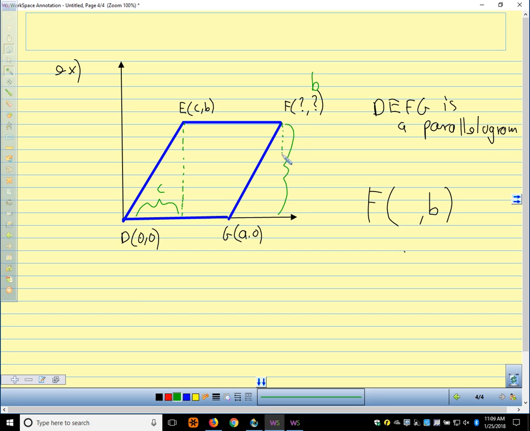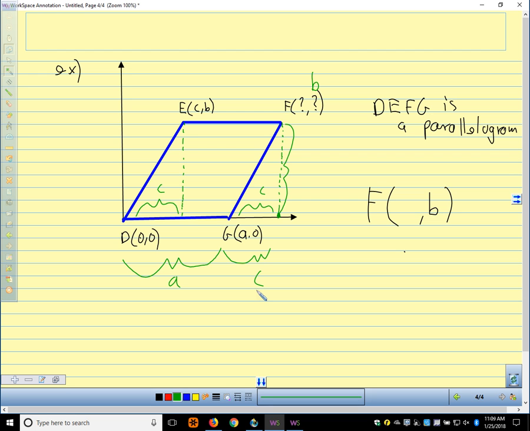In order to get to this point, for this to be a parallelogram, doesn't that also have to be C? Yeah, it has to be the same distance over. Well, how far over have we gone to get here? A. And this, we decided, was C.